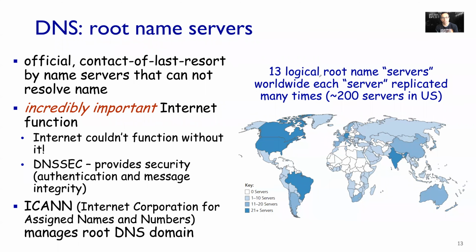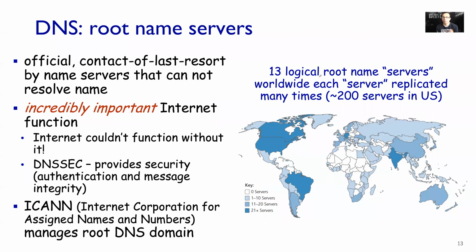ICANN is the organization, as it says there, the Internet Corporation for Assigned Names and Numbers, which is responsible for managing the DNS domain. In the olden days, there were actually 13 physical DNS servers. They were just labeled A, B, C, D, and so on.